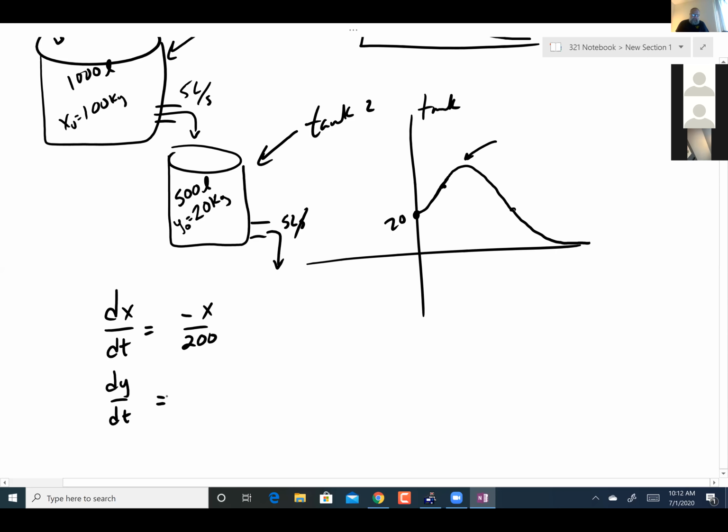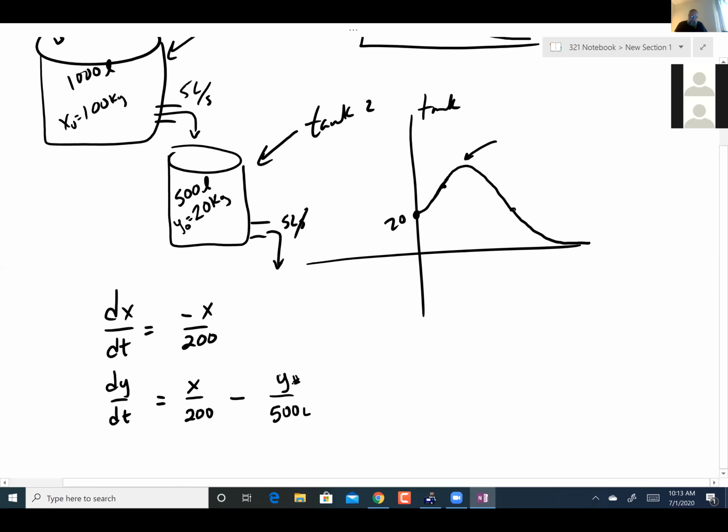Well, what's happening to y? Well, I've got this coming into it, right? It's coming out of tank 1, but it's coming into tank 2. Is that right? And then out of it, I'm getting y over 500 liters. Again, this is pounds per liter, and I don't want that.